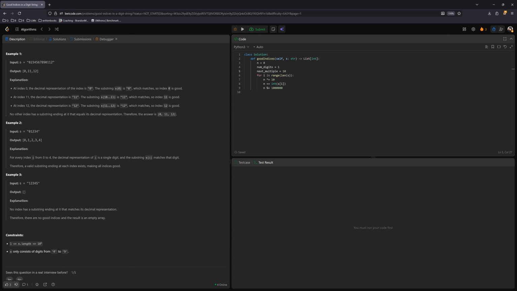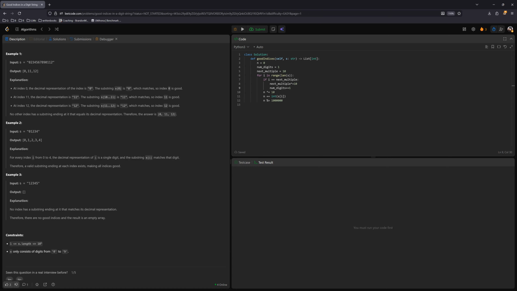And so when we hit the next multiple, so if I equals next multiple, then next multiple times equals 10, and num digits plus equals 1.